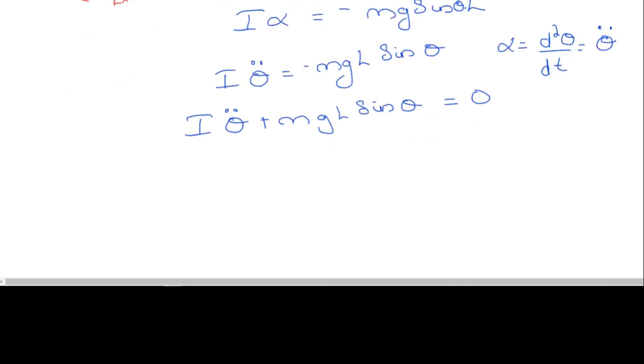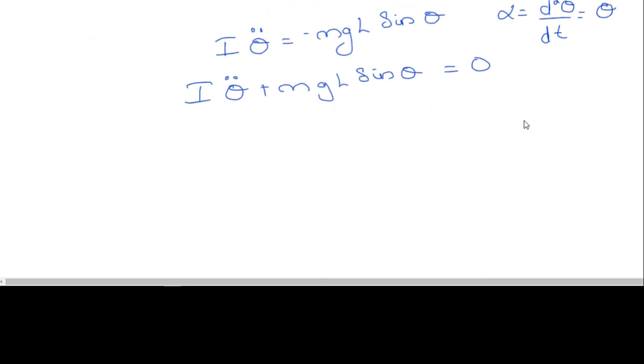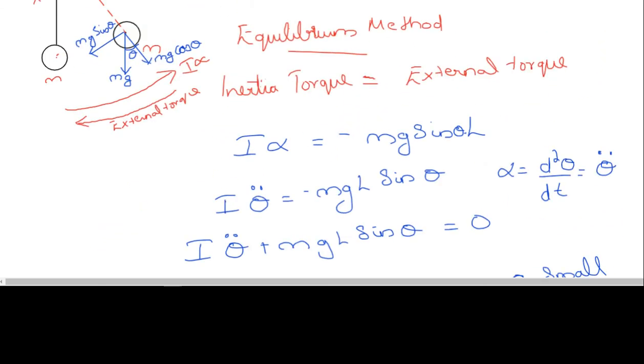And for pendulums, we take theta as very small. That is an approximation we use to find the natural frequency. If theta is very small, then sin theta is approximately equal to theta. So we can reduce this equation to I theta double dot plus mgl theta equal to 0.